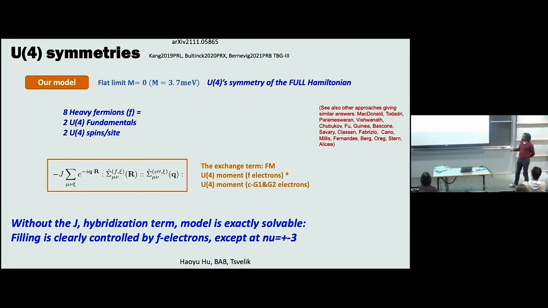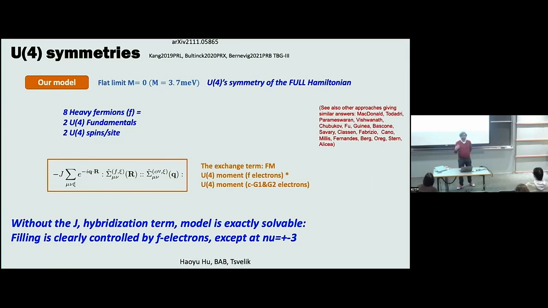Now, it turns out that in projected Hamiltonians, when you took your Coulomb interaction and projected to the flat bands, there was a large symmetry discovered, starting with Kang-Vafek, Bultinck, and others, and this symmetry was some large U(4) manifold, and in some limits it was U(4) times U(4), etc. In this model, actually, this symmetry is true even without projection.